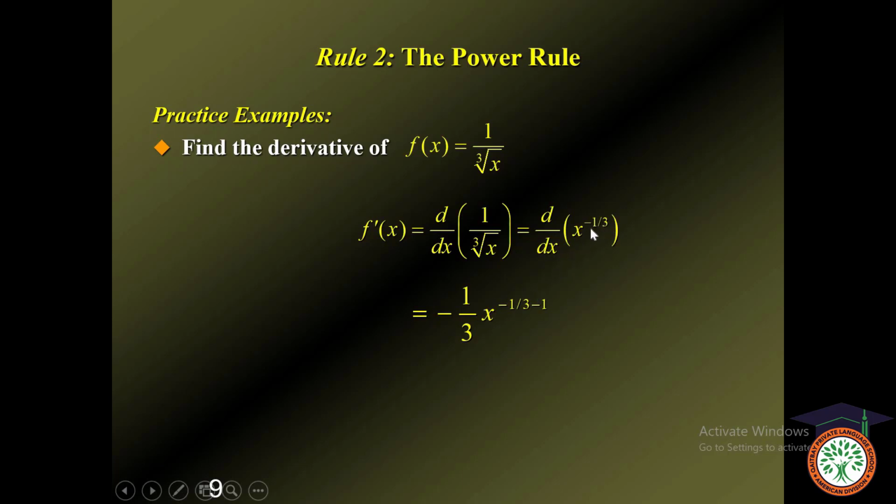Same, I'm going to drop the exponent to be a coefficient and then decrease the exponent by 1. Negative 1 over 3 is the coefficient and x to the power negative 1 over 3 minus 1 is negative 4 over 3. Final answer, what happened? Yes, we flip the x to be x to the power positive 4 over 3.